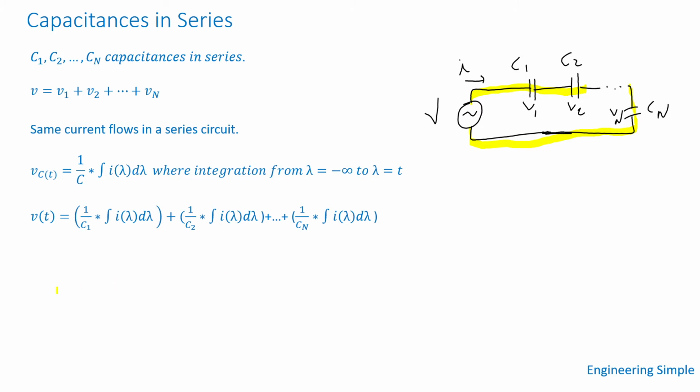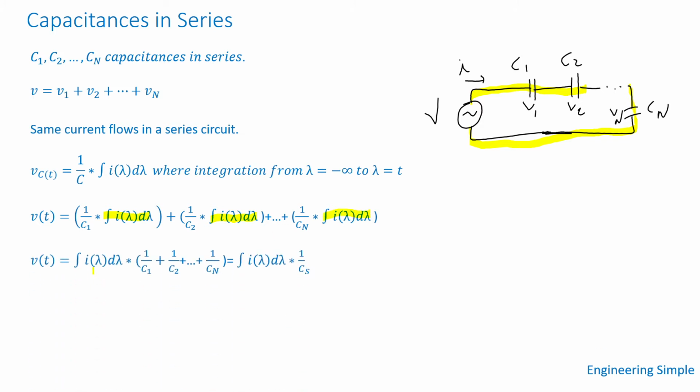If we apply that to each capacitor, it's 1 over C1 times the integral of the current, plus 1 over C2 times the integral of the current, plus dot dot dot, plus 1 over Cn times the integral of the current. Since the same current flows through each component, we keep the same current. As we notice here, the integral of the current is common to all these terms, so we can factor that out.